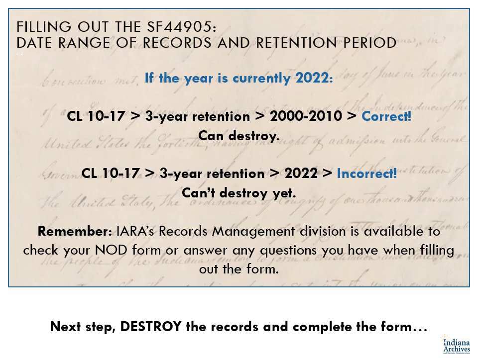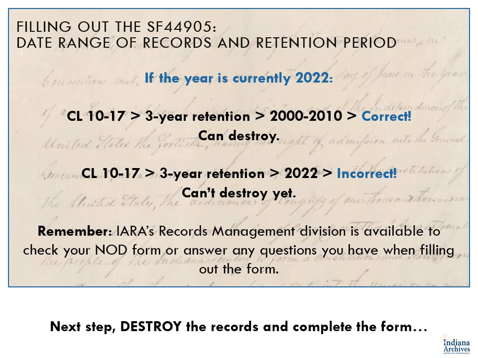Continuing with the example of CL10-17, if it is currently the year 2022, here are the correct and incorrect date ranges for your record series number. As we know, CL10-17 has a 3-year retention period. So if your records date from 2000 to 2010, it has been at least 3 years since then.